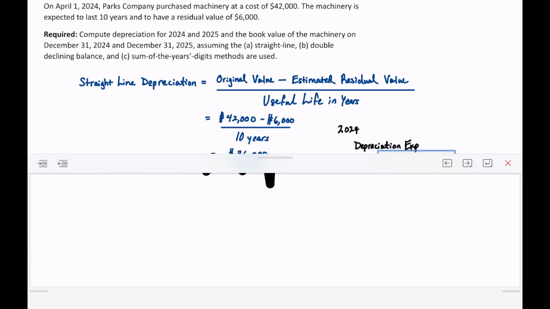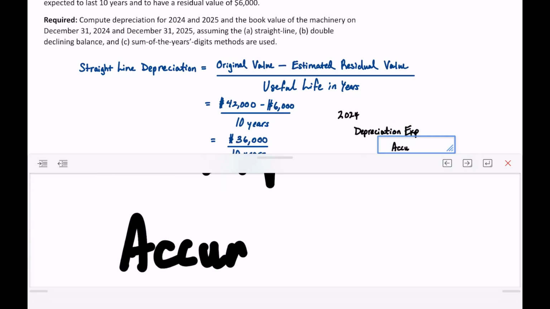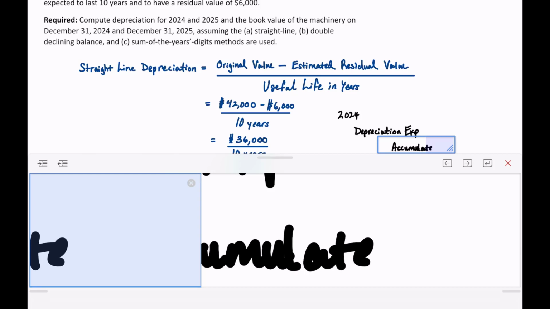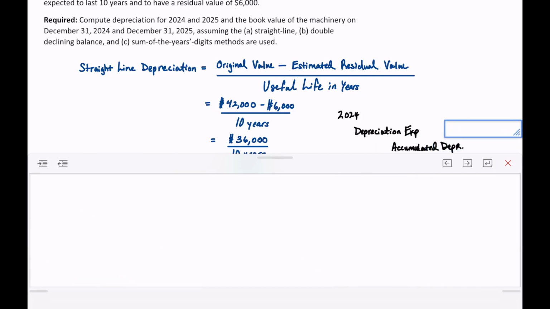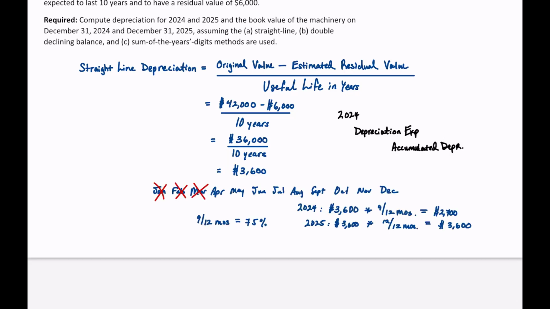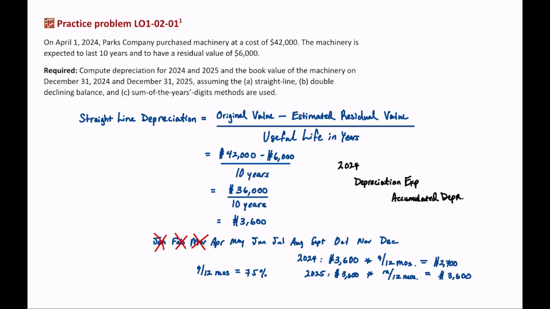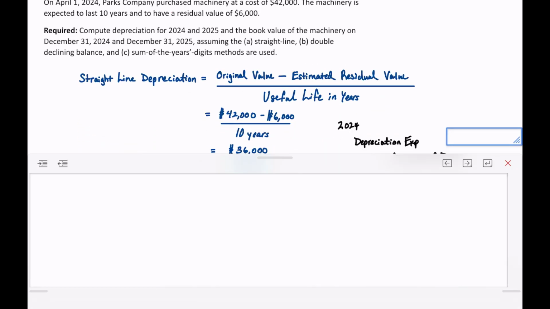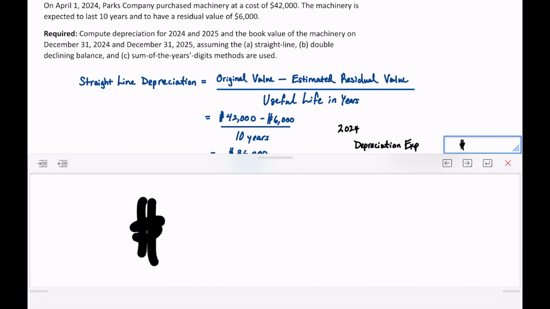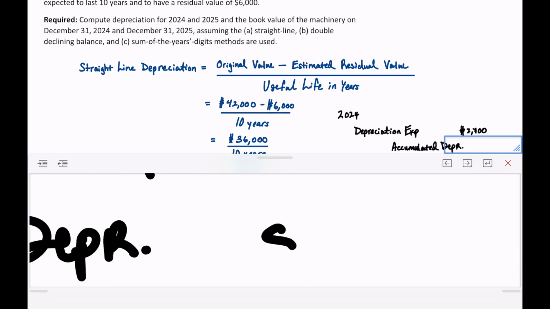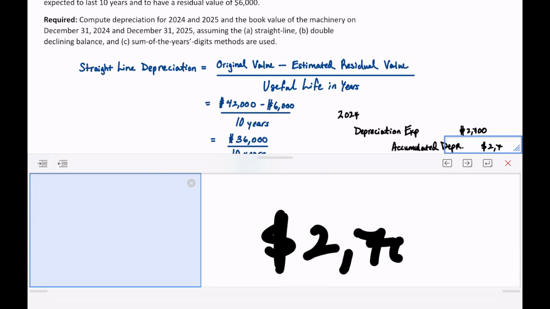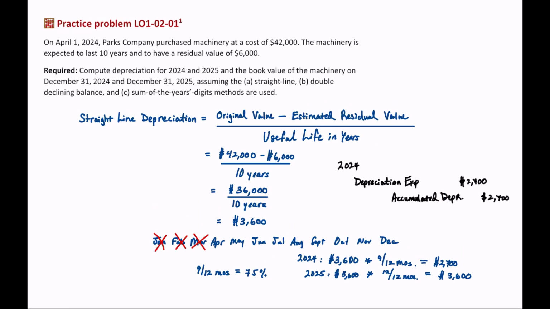And then we would say credit accumulated depreciation. And this would be for $2,700. Okay. Pretty easy. All right, and then in 2025, we would have the same entry.